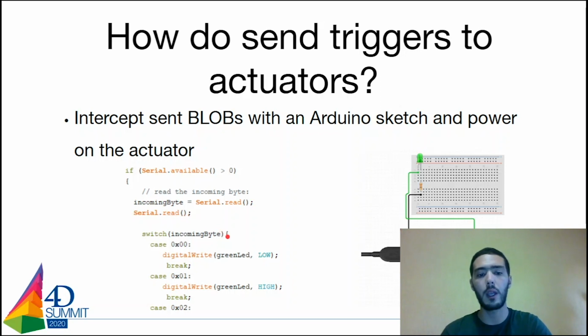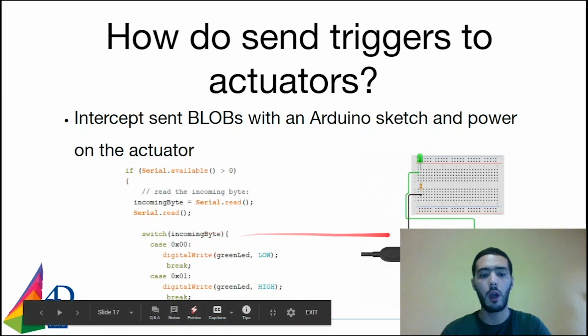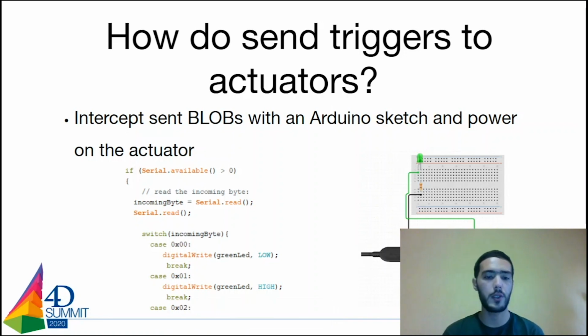Once we've obtained the received integer, we'll just condition and treat it as hexadecimal, as we can see. Either it's 0, 1, or 2. In this case, if it's 0, we'll just turn off the LED. If it's 1, the received blob will turn on the LED. And this is how we can send triggers to the actuators. So it's a collaboration between the code previously seen at the level of 4D and the Arduino sketch.